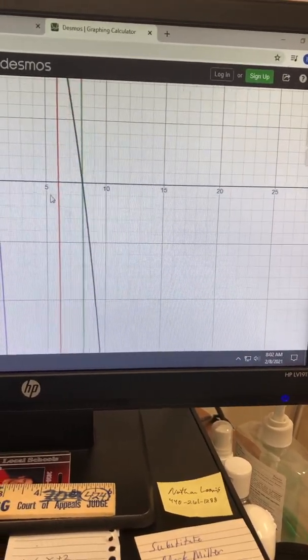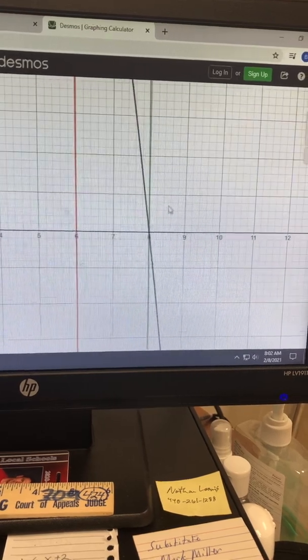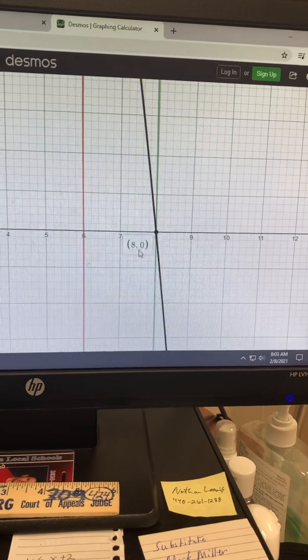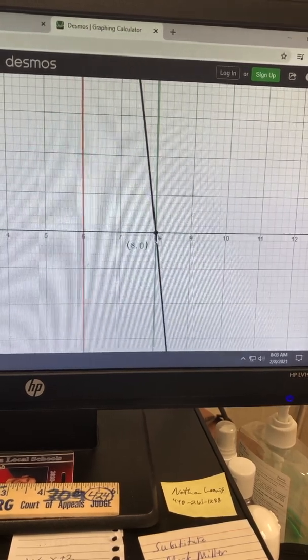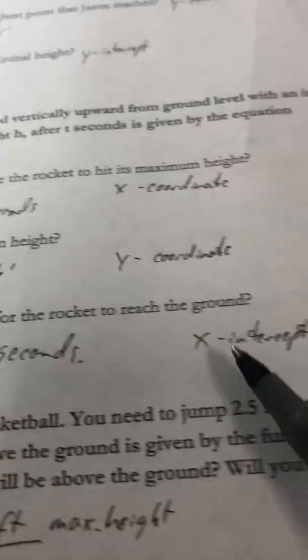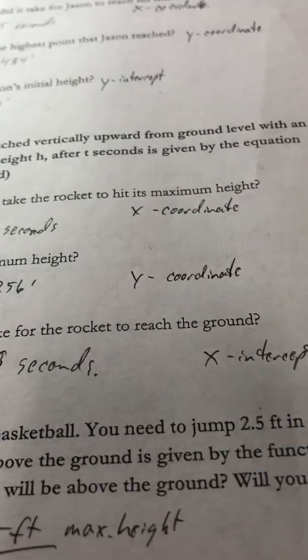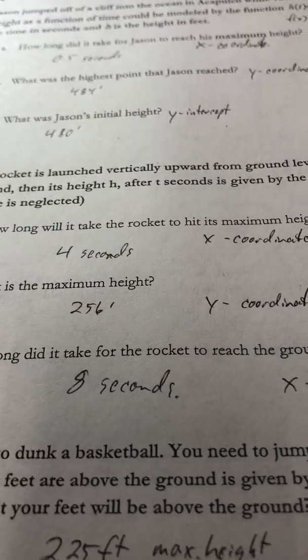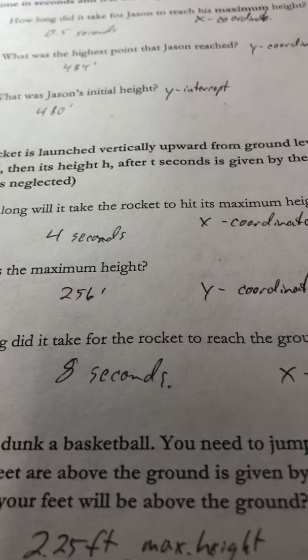Zeroing in right here, the green line, you can see, goes till 8. So that's when it comes back to the ground. That would be 8 seconds, because that's going to be an X-intercept. That's when Y would be 0, and you would have X being 8.